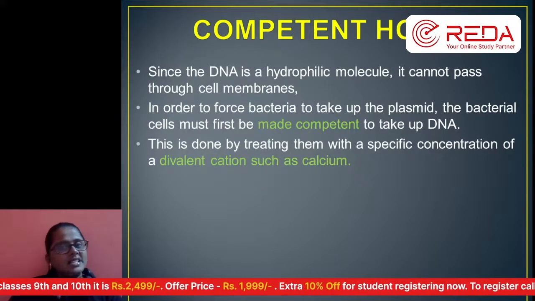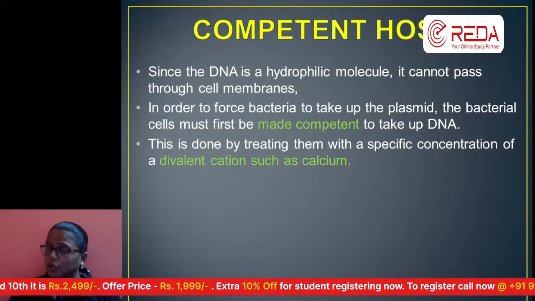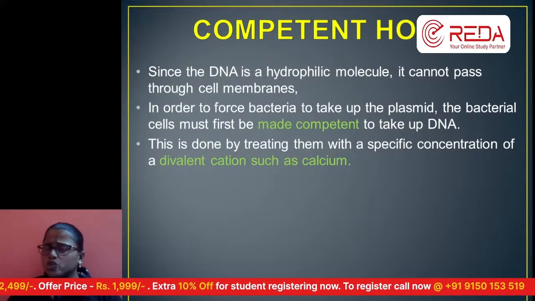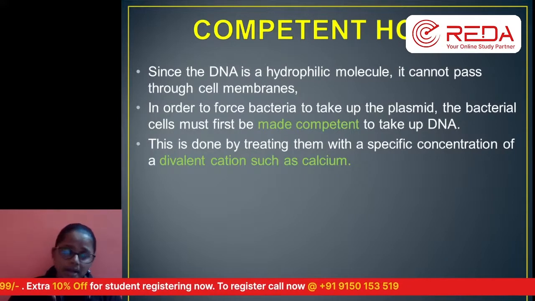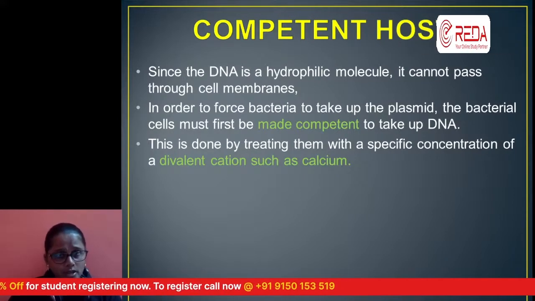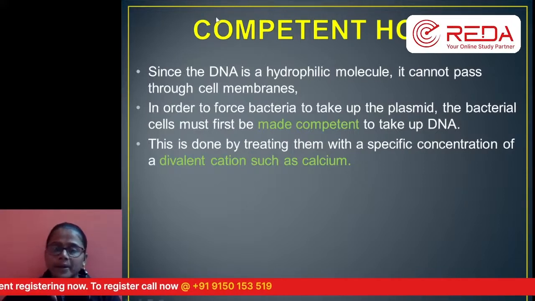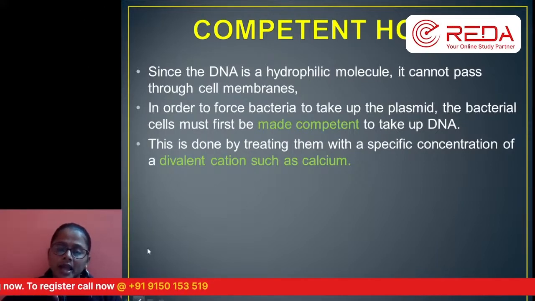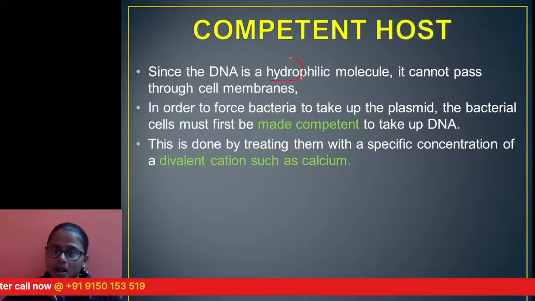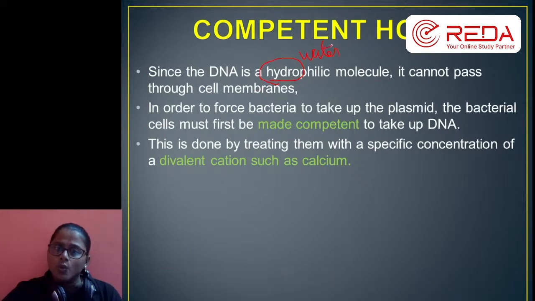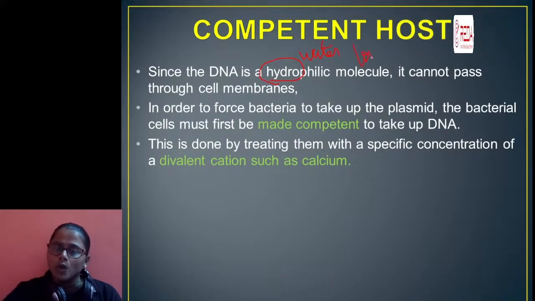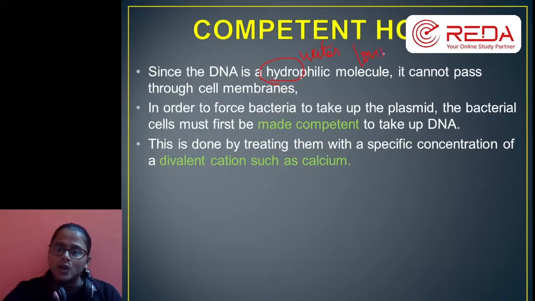So let me see in detail why we have to make it competent. The foremost reason is that DNA is a negatively charged particle. It is hydrophilic in nature. The word hydro represents water, and philic means loving. So DNA is called a water-loving molecule, and it is negatively charged.